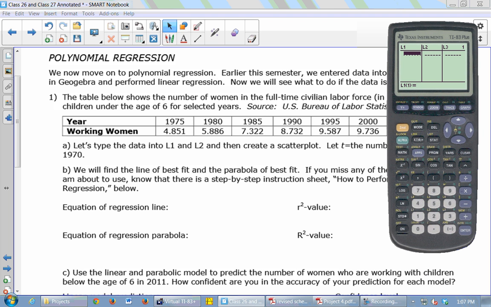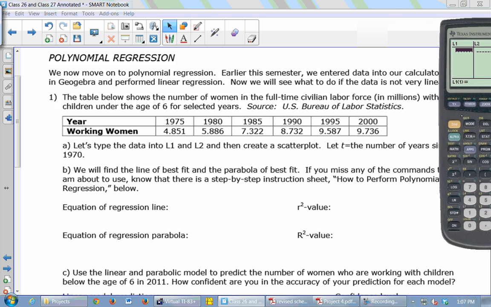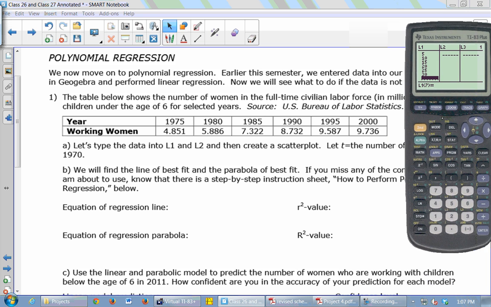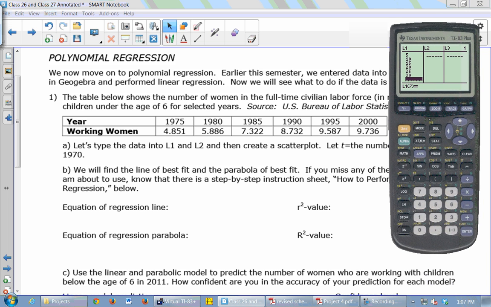All right, so T is going to be the number of years since 1970. So what am I going to put in instead of 1975? 5. Good. And 1980 would be 10, 15, 20, 25, 30. Nope. Stops at 2000. Yeah.